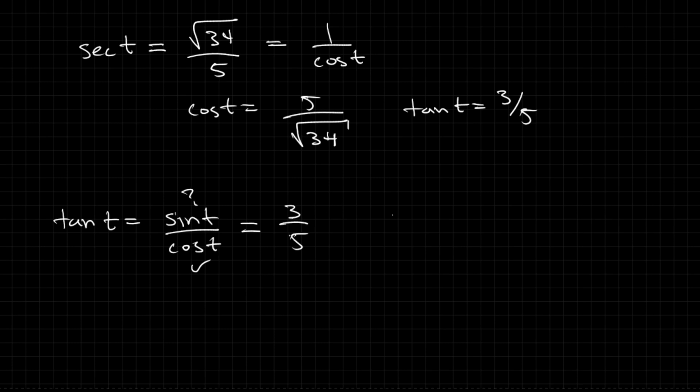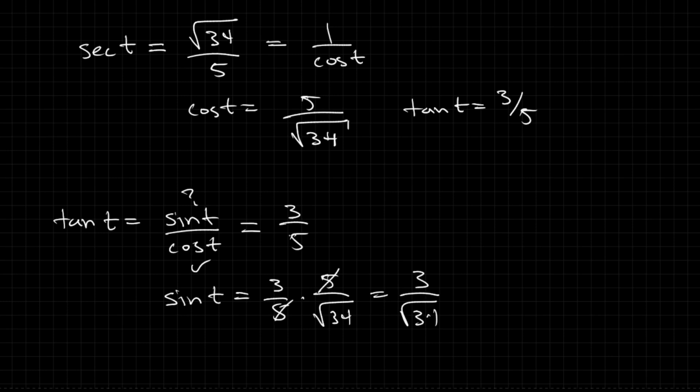And this will allow you to solve for sine of t. So multiplying both sides by cosine t, we get sine t is 3/5 times what cosine of t is. Cosine of t is 5 over the square root of 34. And so the 5's cancel and you get 3 over the square root of 34.